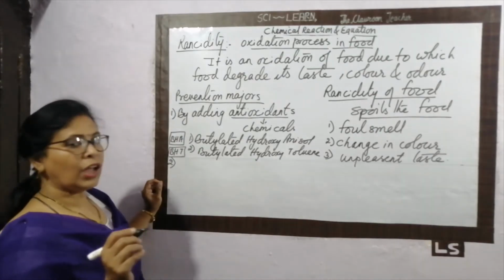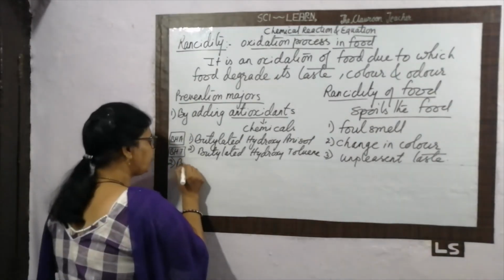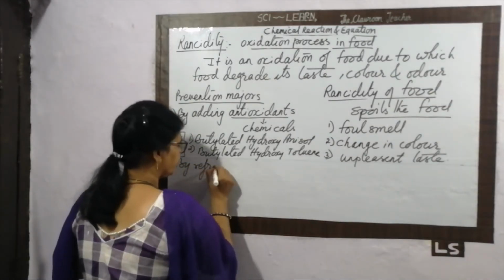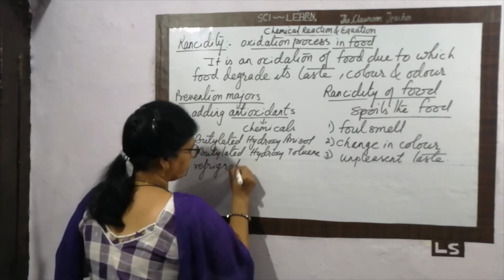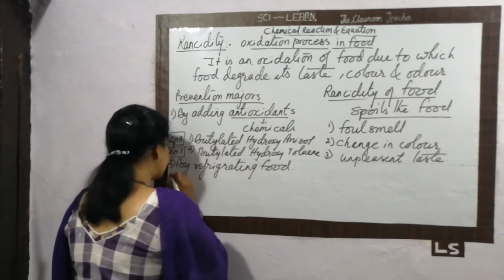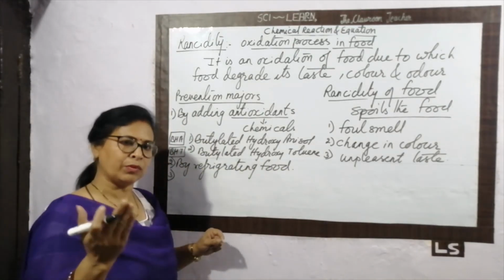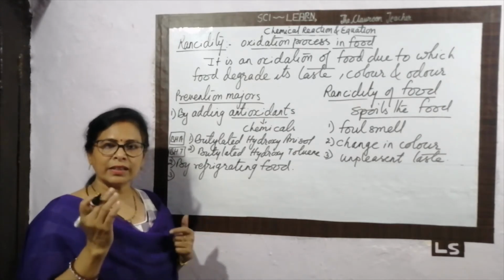For the second, we have to use the refrigerator. By refrigerating your food, if you keep the food inside the refrigerator, we can prevent it from spoiling. Now, what is the third method?